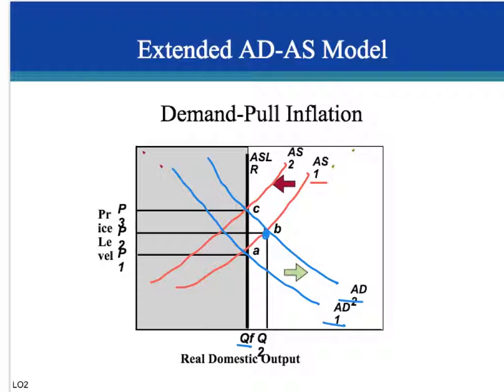So we go from AS1 to AS2, and we're back at the equilibrium level of output in the long run, and also at a higher price level here. So we went from P1, short run, we were at P2, and we ended up at P3.